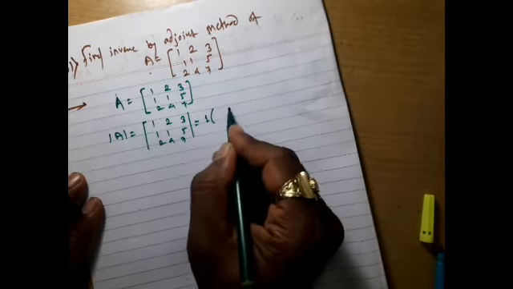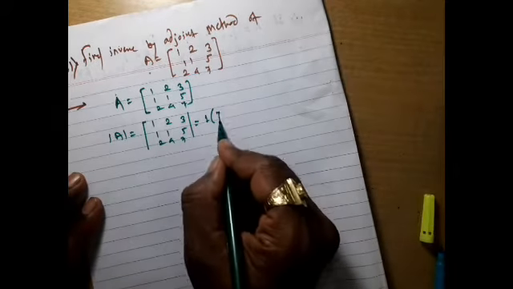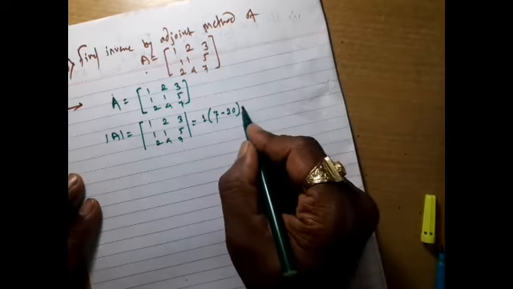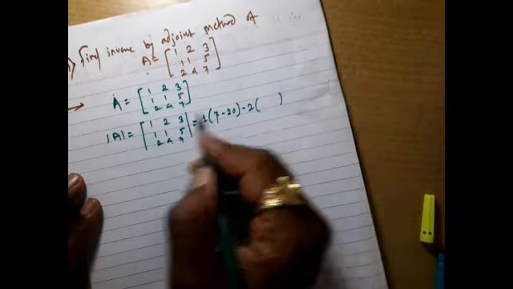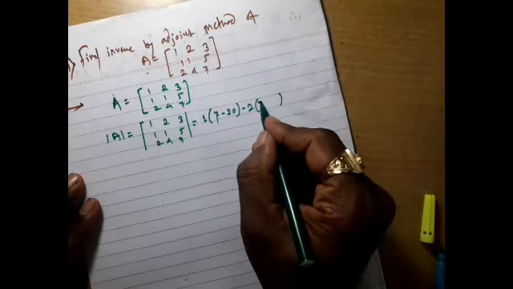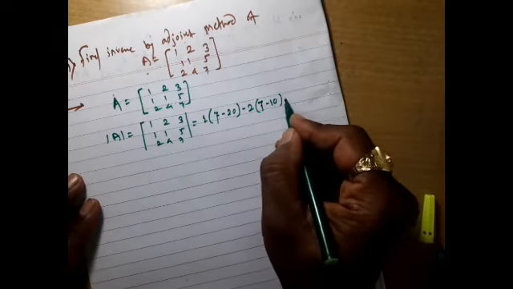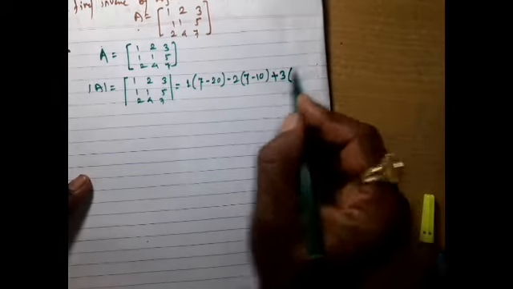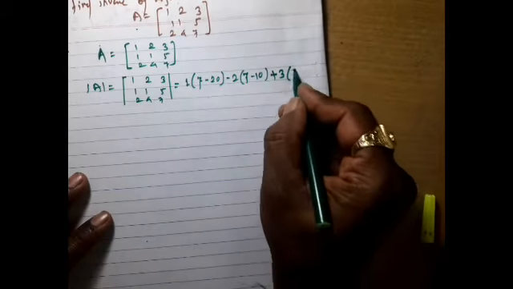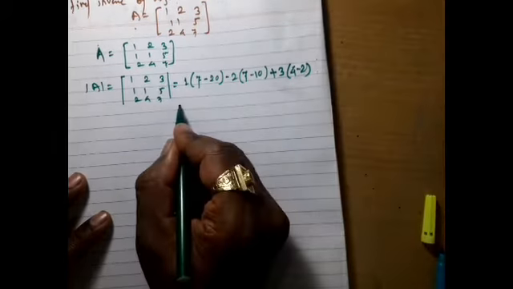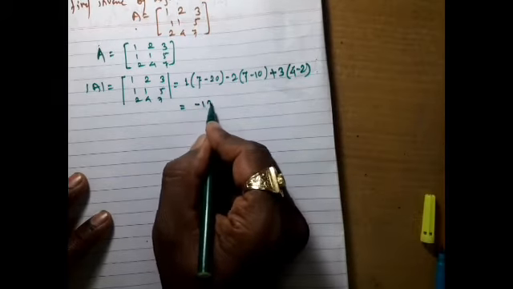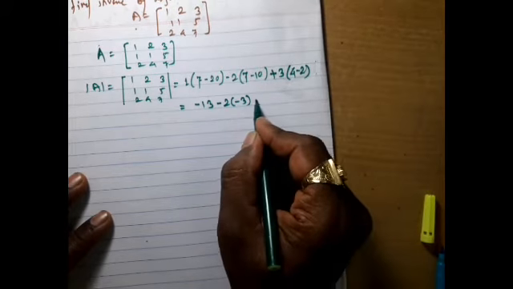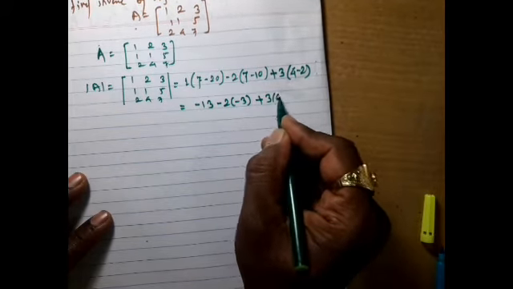1 into 7 minus 20, minus 2 into 7 minus 10, plus 3 into 4 minus 2, is equal to minus 13 minus 2 into minus 3 plus 3 into 2.